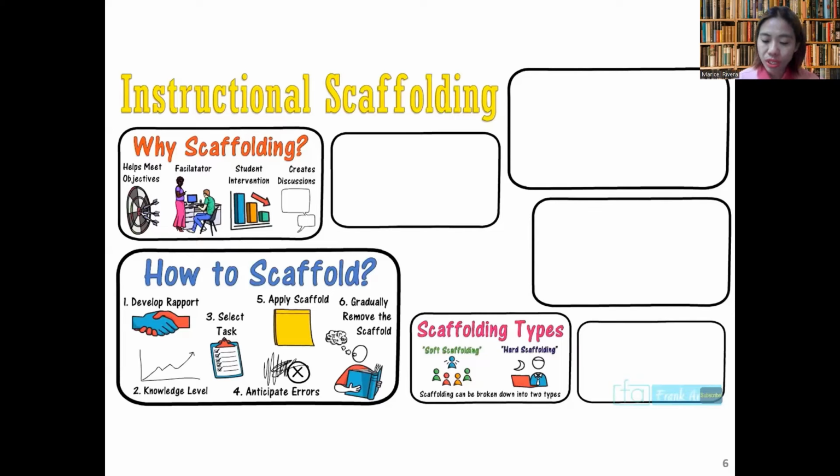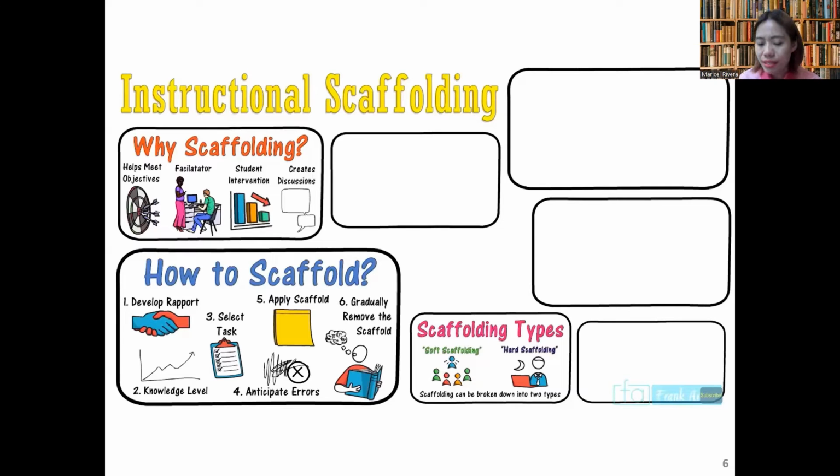We make sure that they have knowledge on something, or we put information or knowledge into them, and then we select a task. And then before they do that, we could already anticipate the students' errors. And the fifth one is we apply the scaffold. And then after that, we gradually remove the scaffold.